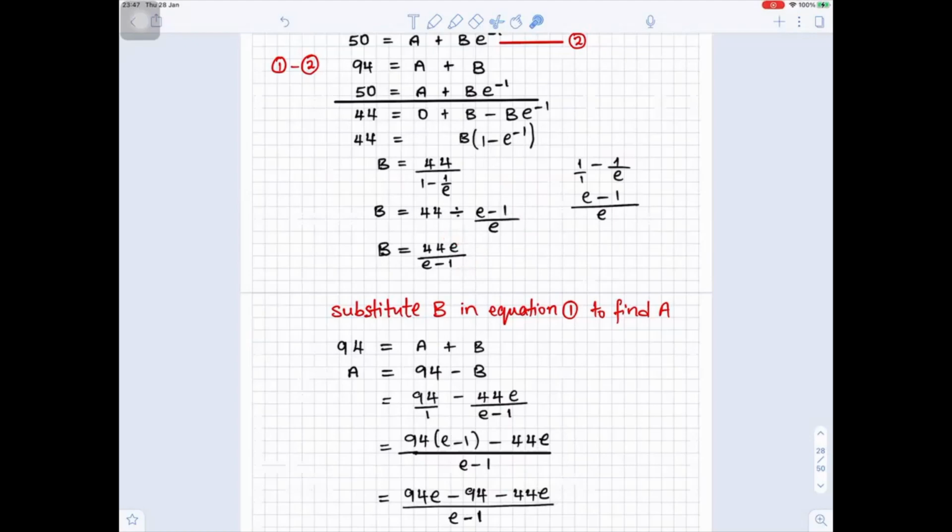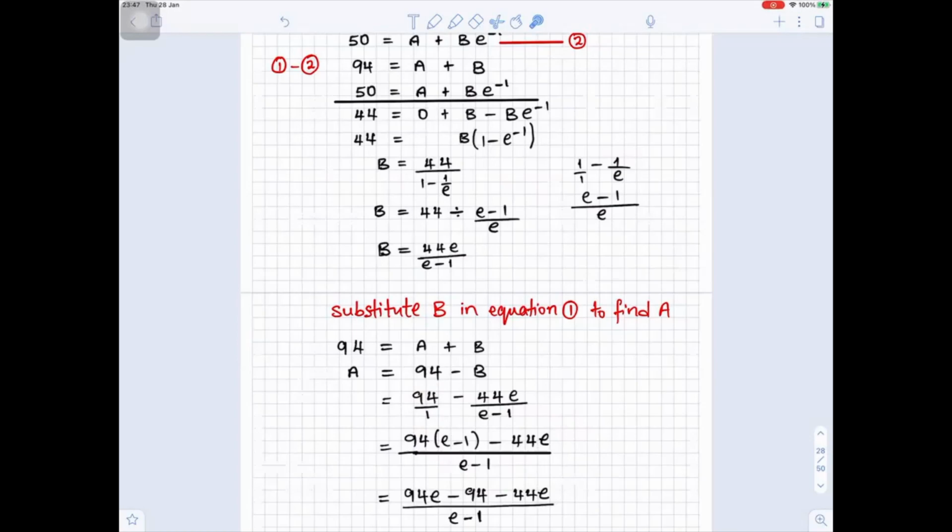That's what b is. So once you've got b, you substitute b in equation 1 to find a. So that's equation 1: 94 is equal to a plus b. So we take that b and substitute what b is. So a is equal to 94 minus b. 94 over 1 minus 44 e over e minus 1.